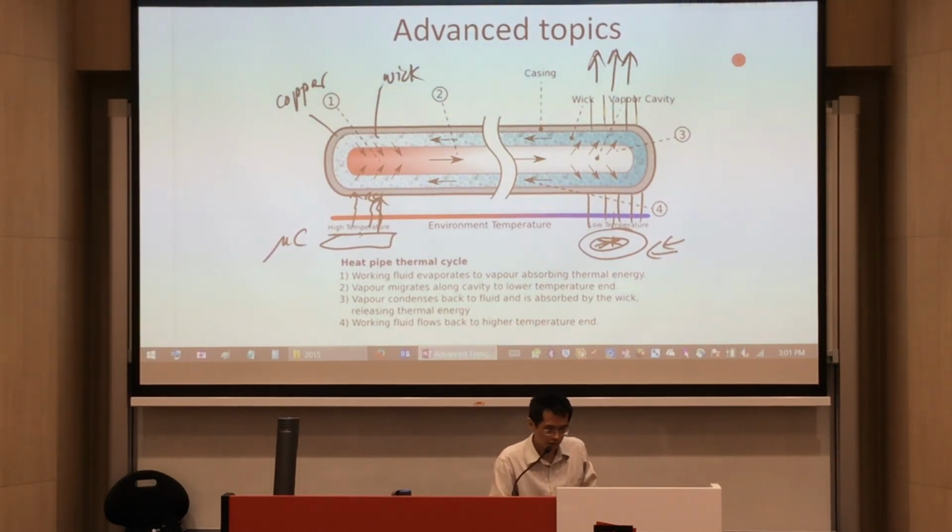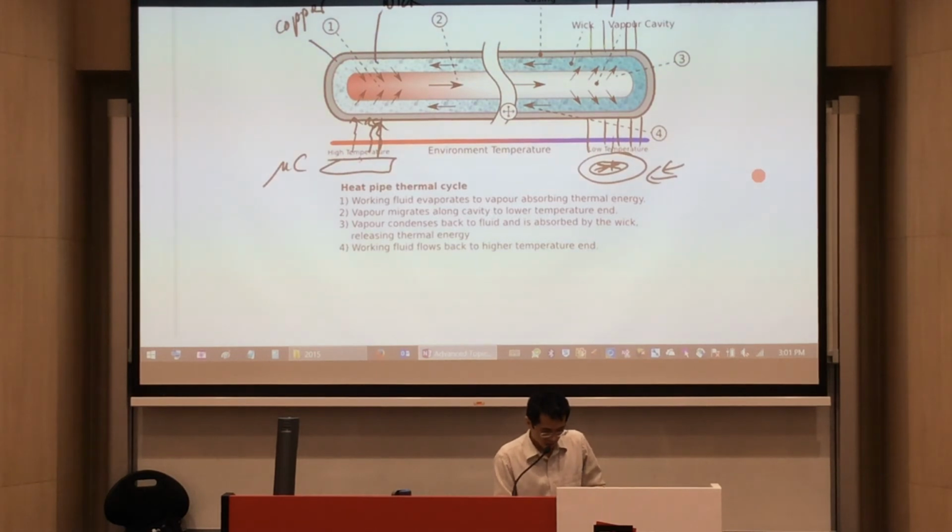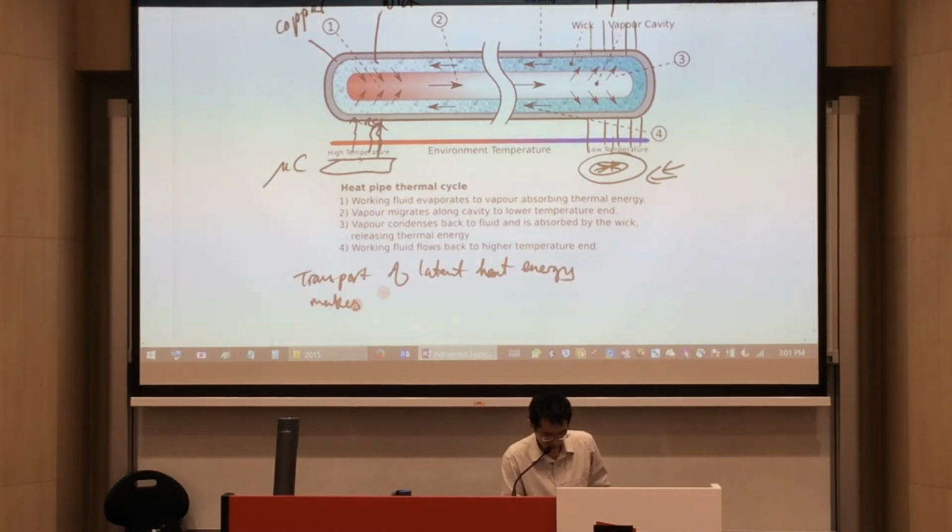So this topic of heat exchanger, this heat pipe is important. For your heat pipe, the transport of latent heat energy makes heat pipes very efficient.